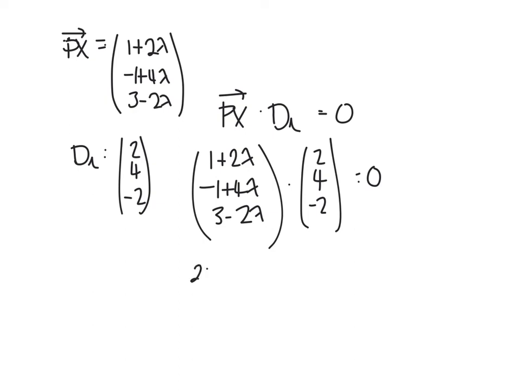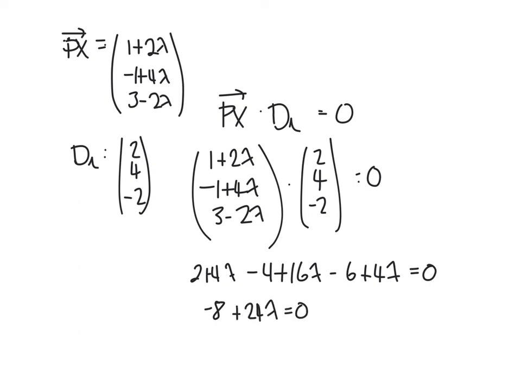So we end up with 2 plus 4 lambda minus 4 plus 16 lambda minus 6 plus 4 lambda equaling 0. My mental arithmetic is not quick and probably not very accurate. 24 lambda equals 0. So 24 lambda equals 8, in which case lambda is a third.